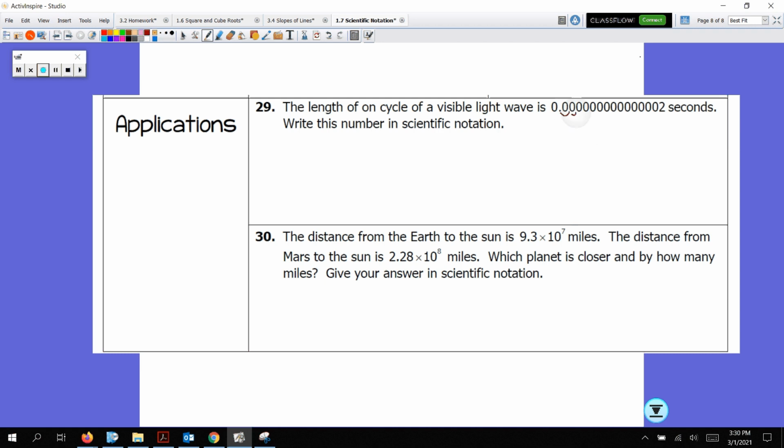So 1, 2, 3, 4, 5, 6, 7, 8, 9, 10, 11, 12, 13, 14, 15. Whew. 2, you could put 2.0 if you wanted to, but I feel like I just wrote enough already. 2 times 10 to the negative 15 power. That's how we would write that. Doesn't this look so much nicer than that?